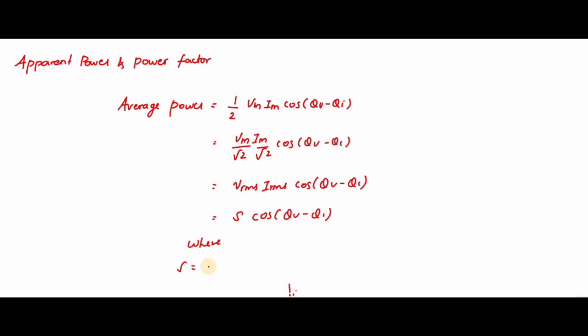S is nothing but your apparent power. Apparent power is equal to Vrms into Irms.